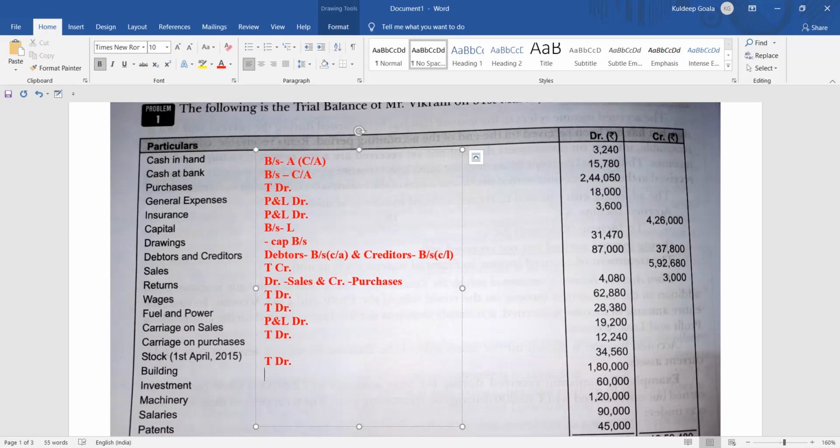Now coming to the next one, building. Building is a non-current asset of the balance sheet. So it will go in the balance sheet as a non-current asset, the asset side, isn't it? Investment is also balance sheet. But again, investment has its own heading under the heading investment itself.